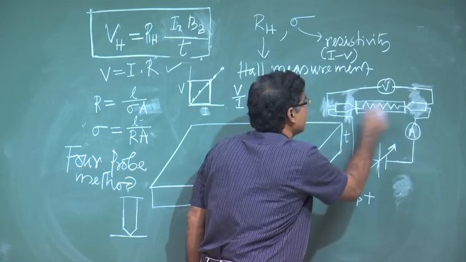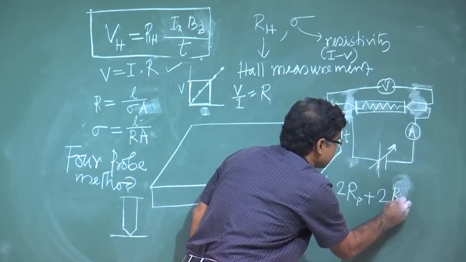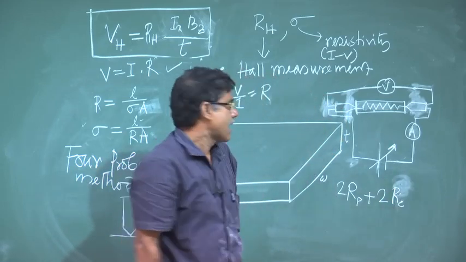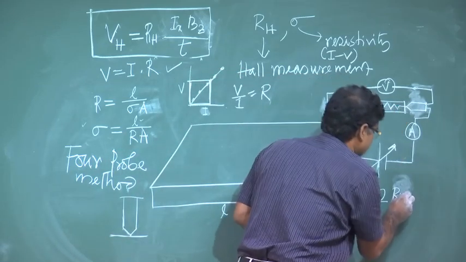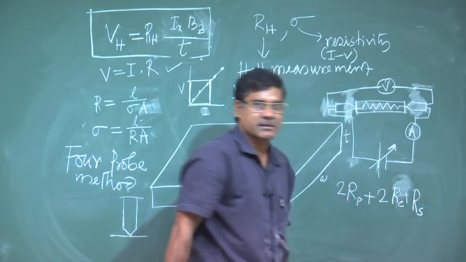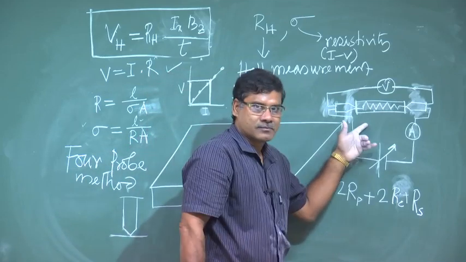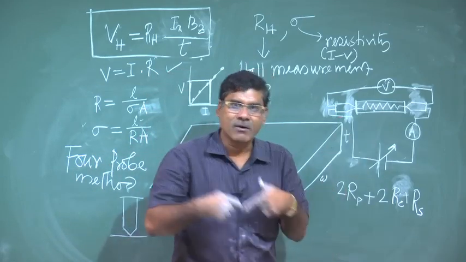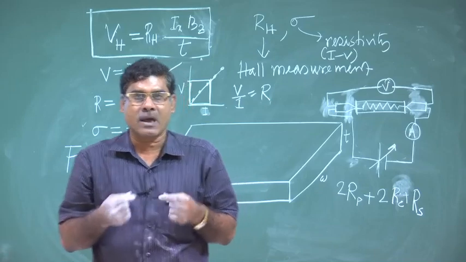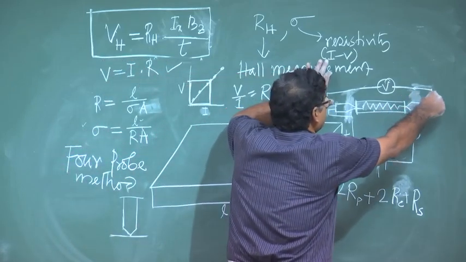So, there will be 2 contacts, so 2 RC, the contact resistance, and then your sample resistance RS. From where you are measuring voltage, that is important. I am measuring voltage here.